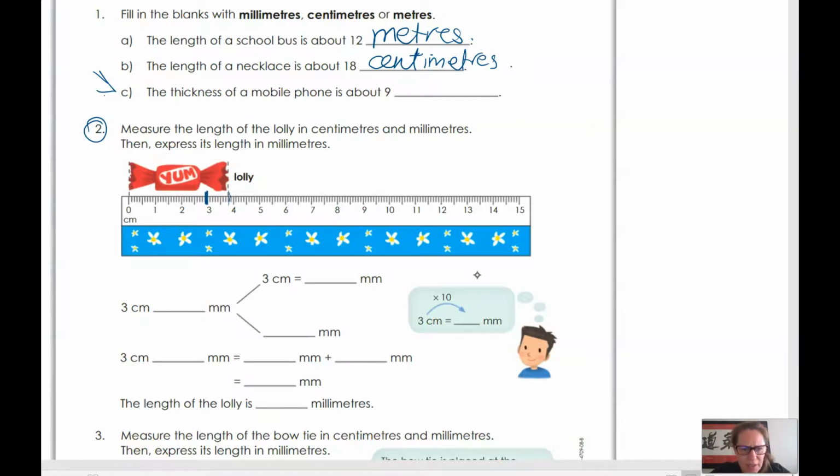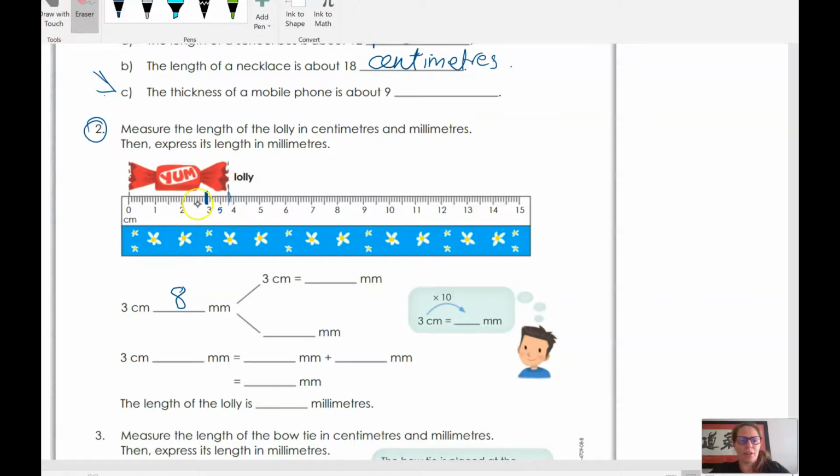Oh, it's so hard to see, kiddos. So I'm saying it's 38, so it's 8 millimetres. I feel like I need to show you that again because you probably didn't know what I just did.